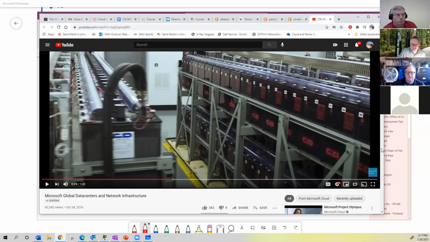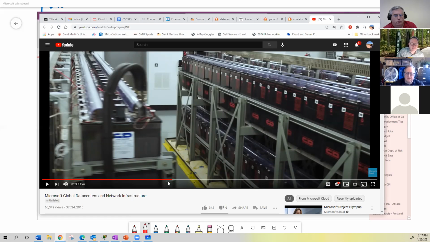The generator should kick on in 10 seconds, should normalize, and within a couple minutes should be having consistent power from the generator. So that's what these batteries are, to keep power going to the IT equipment until the generator gets up to steady state RPMs and is running and is warmed up and ready to go.